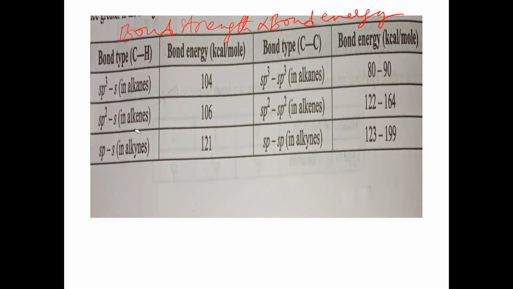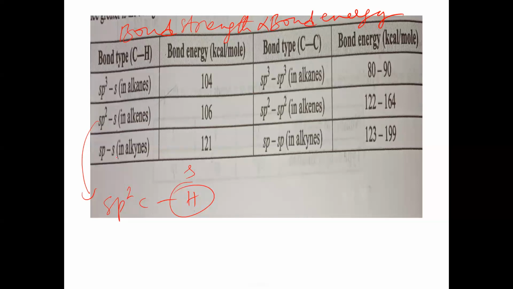It is bond energy. And sp2 carbon to s orbital of hydrogen, the bond energy will be 106, increased here. And sp carbon versus hydrogen, this bond energy will be 121, more.